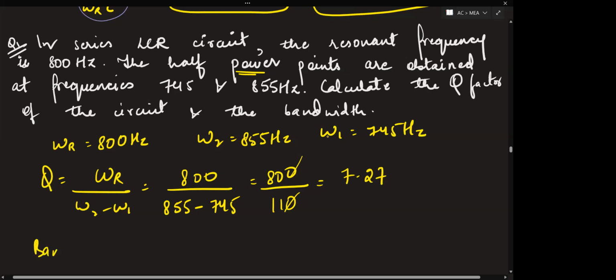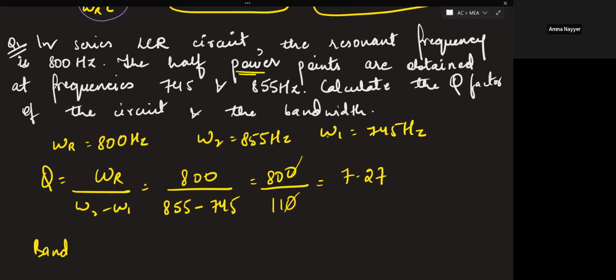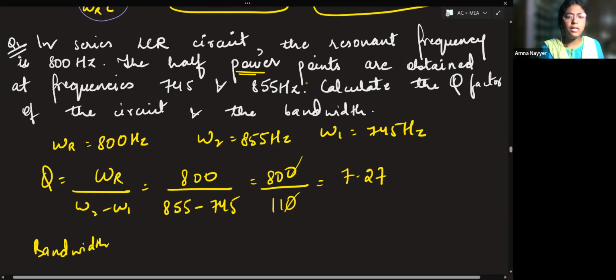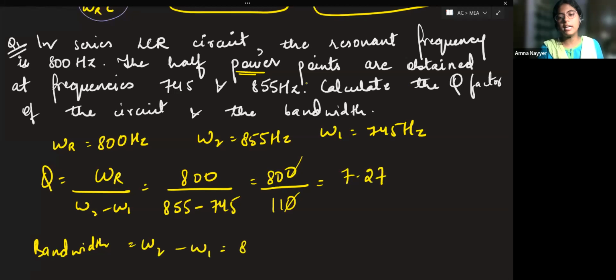Bandwidth is simply omega 2 minus omega 1. So that will be 855 minus 745, which is 110. So bandwidth will be whatever is in the denominator. All right, copy down this numerical, all of you.